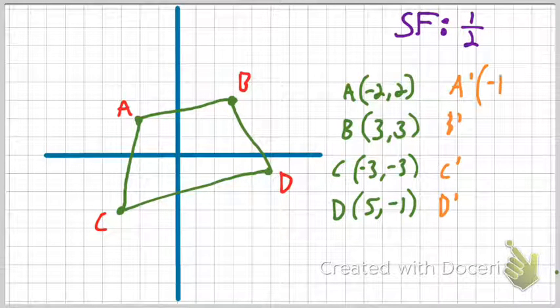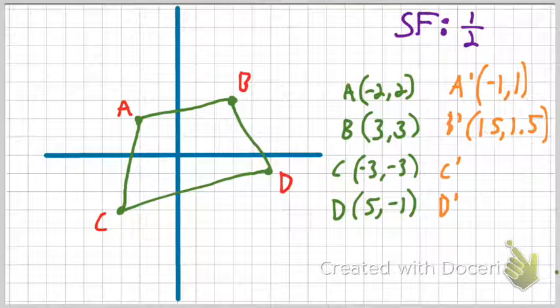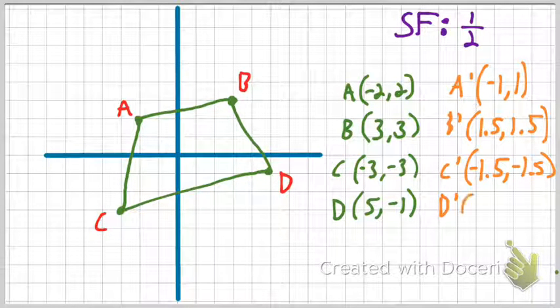So this would be negative 1 and 1. Does anybody not see how I did that? Just divided them both by 2. This would be 1.5 and 1.5. This would be negative 1.5 and negative 1.5. This would be 2.5 and negative 0.5.